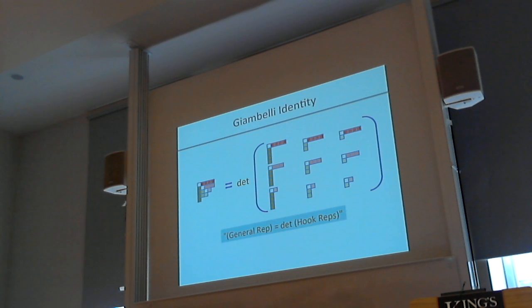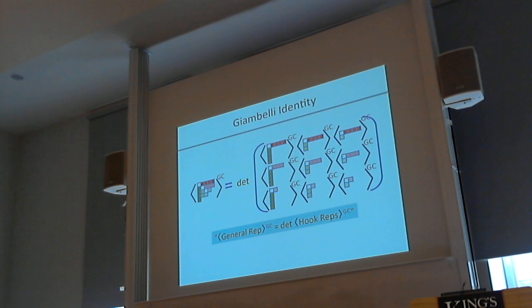So pictorially, the Giambelli identity is this one, and it calls for Young diagram Schur polynomials, but we can put the bracket, in the sense of vacuum expectation value in the grand canonical ensemble, here. This is the first.